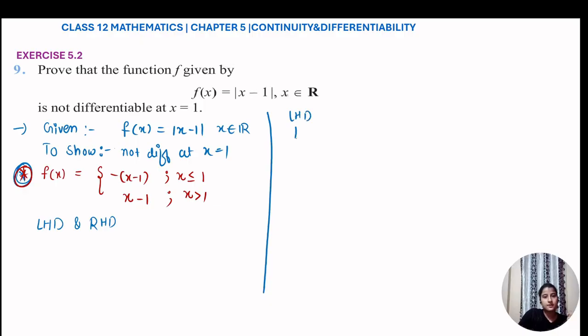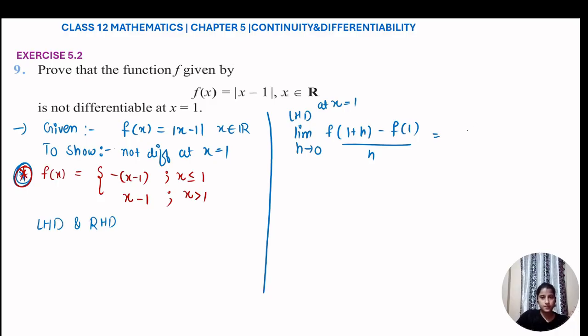Our left hand derivative at x equals 1 is given by limit of h tends to 0 of f of 1 plus h minus f of 1, divided by h. Just put the value: 1 plus h is greater than 1, so the function will take the value x minus 1.